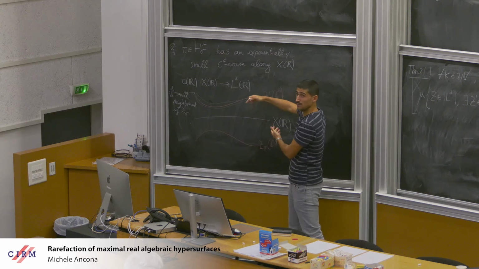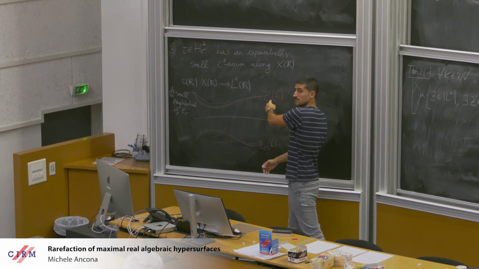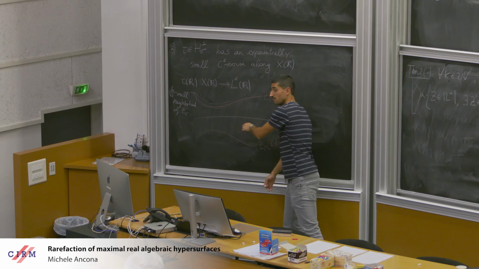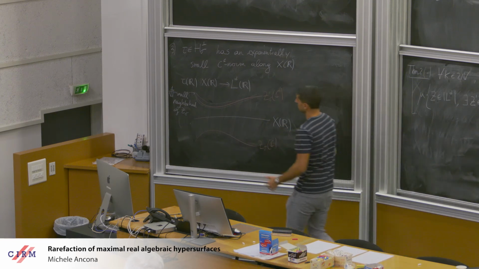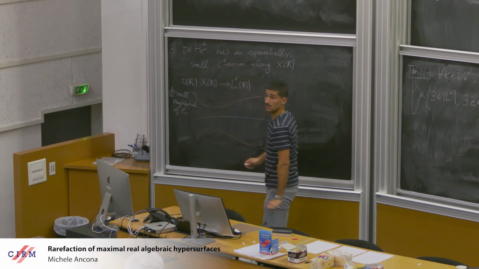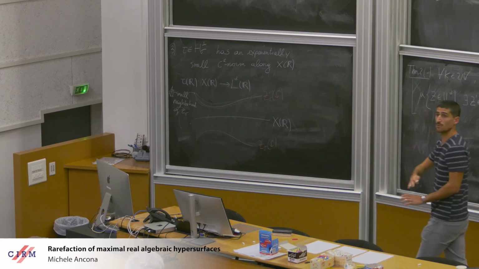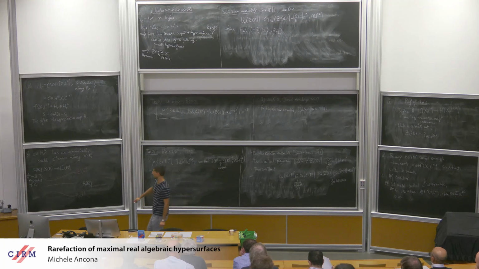And as by construction the zero locus of sigma is disjoint from the real locus of X, this section tau will have a very small norm along the real locus of X of R.